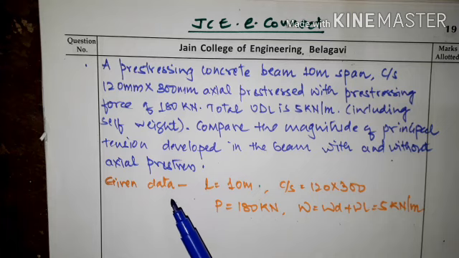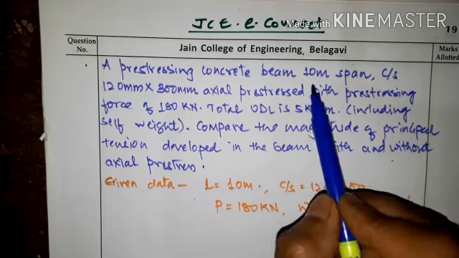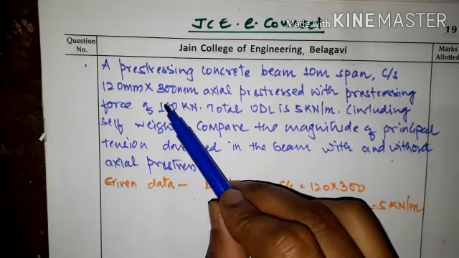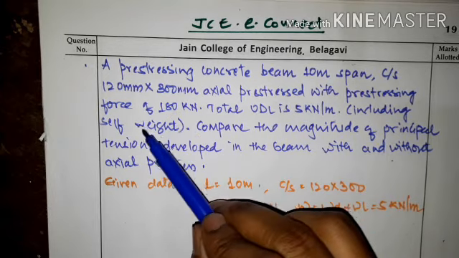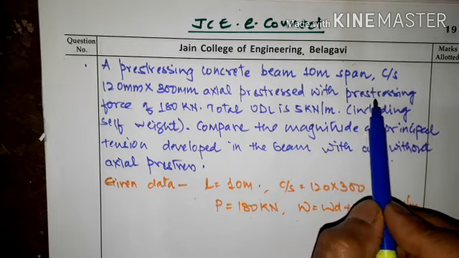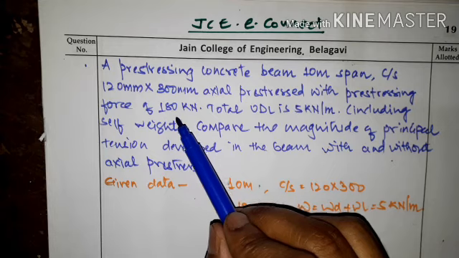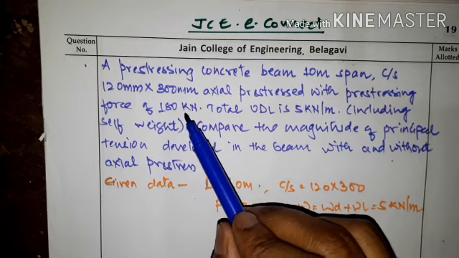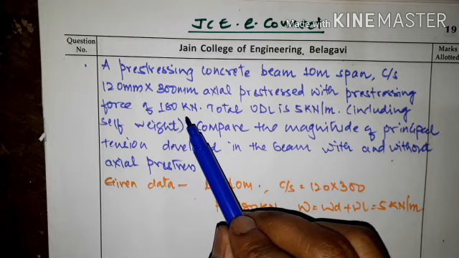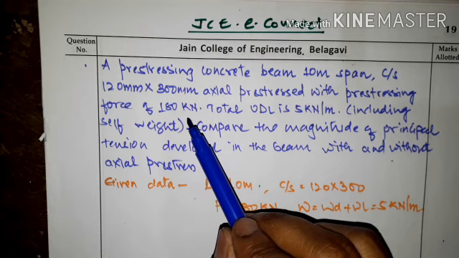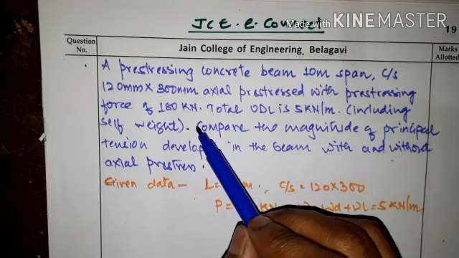Okay, so it is a beam of 10-meter span, cross section 120 mm by 300 mm, subjected to axial pre-stressing of 180 kilonewton. Means eccentricity here is 0. If eccentricity is not given, it means axial pre-stressing, the tendon is located at the center.